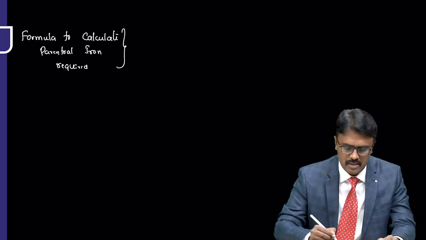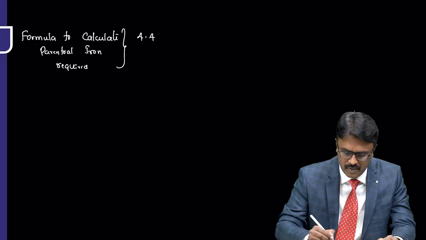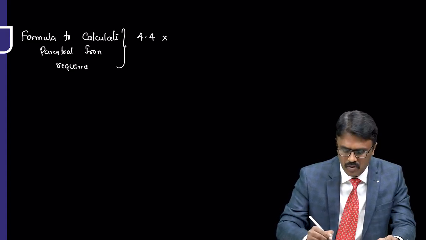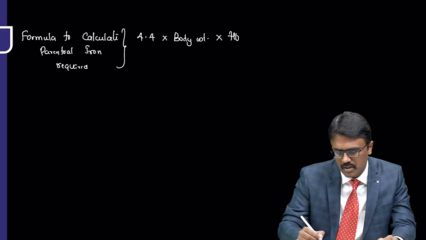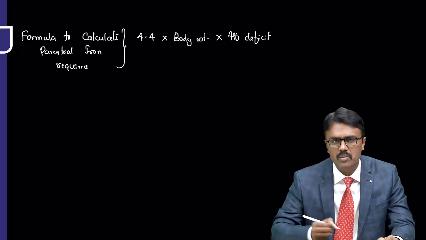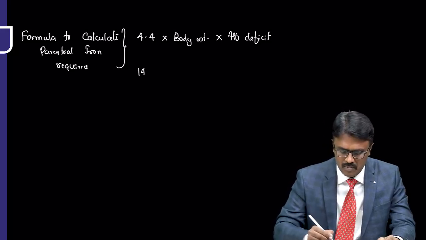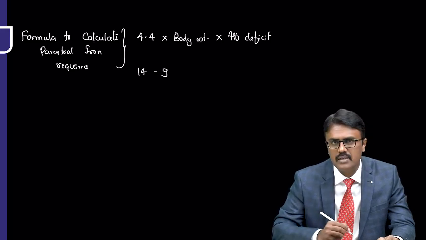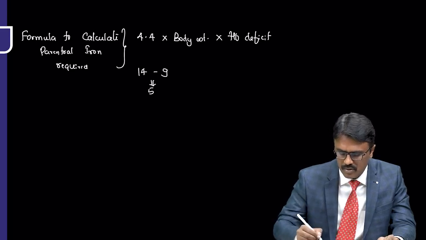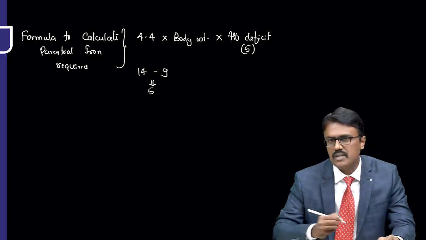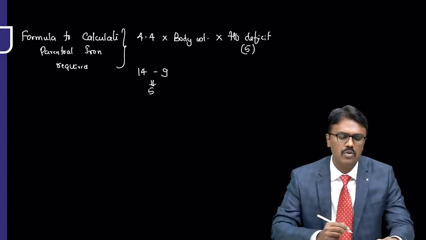The formula is like this: 4.4 into body weight of the patient into hemoglobin deficit. That is the formula. What do you mean by hemoglobin deficit? For example, normal hemoglobin is 14 gram per deciliter and the patient has 9 gram per deciliter. What is the deficit we have? It's around 5. So you have to substitute 5 here. That is the meaning of hemoglobin deficit.